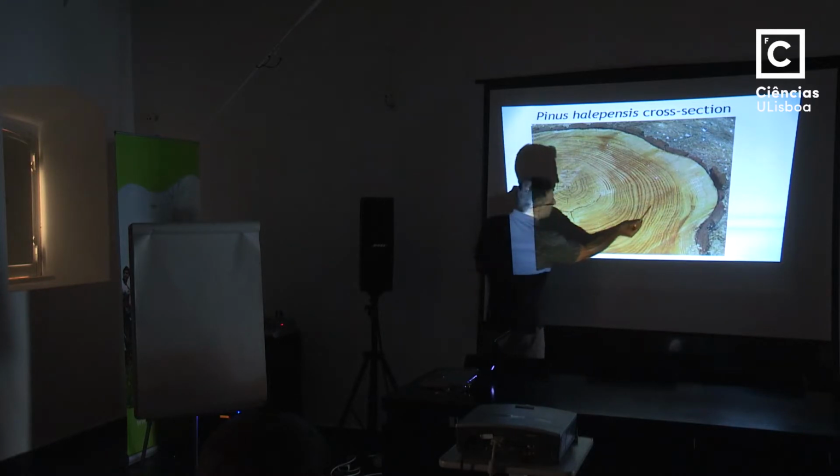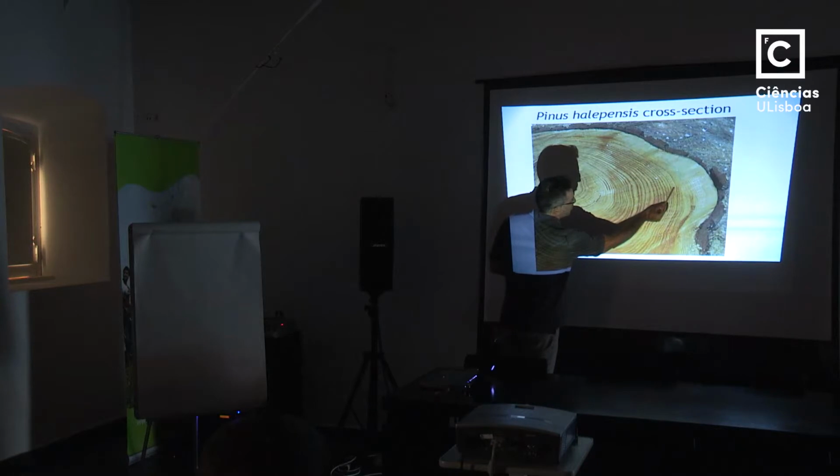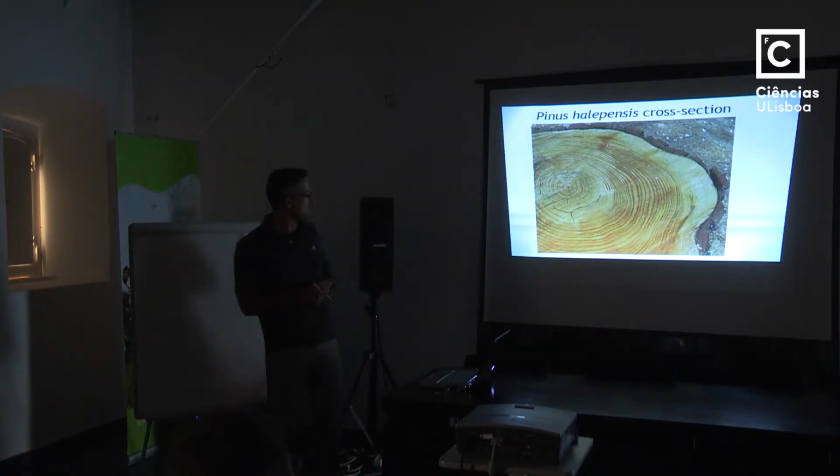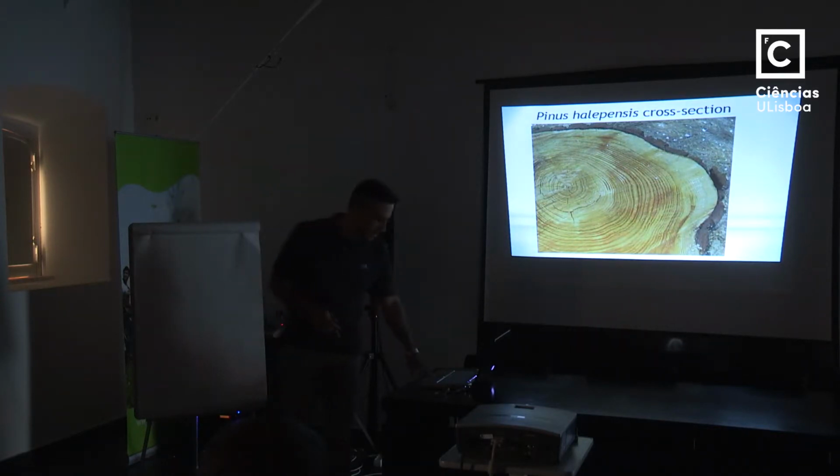Okay, you can see the differences. This compared to this, for example, or this compared to this. So in a particular tree, this was also from low elevation, this means that the tree is sensitive to variability, and we need to identify what exactly this variability means.